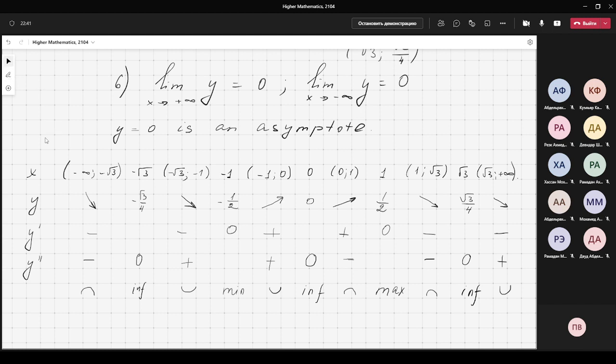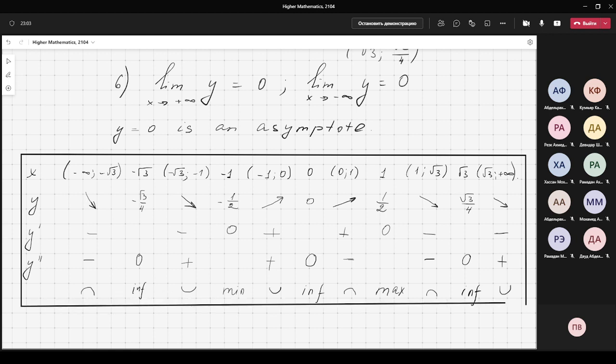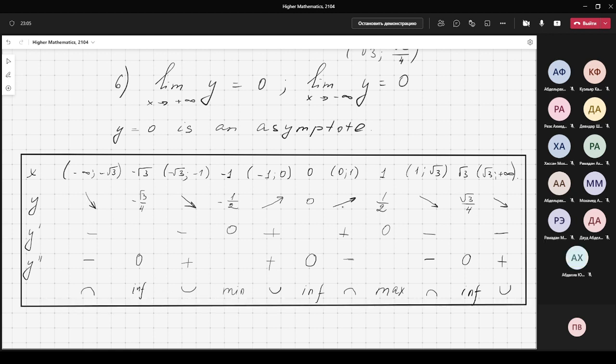It is the table that we will use to construct our graph.